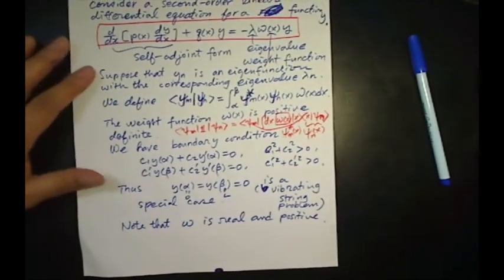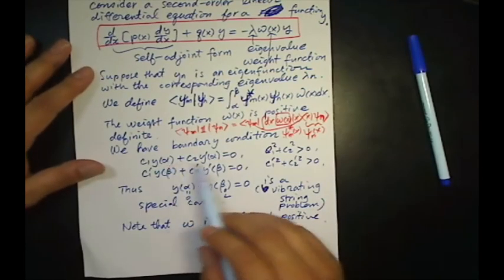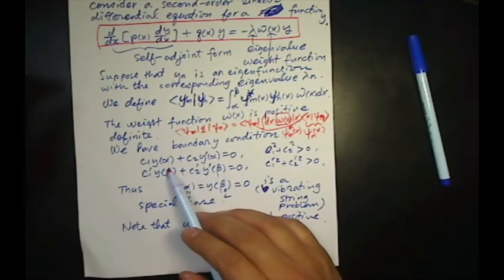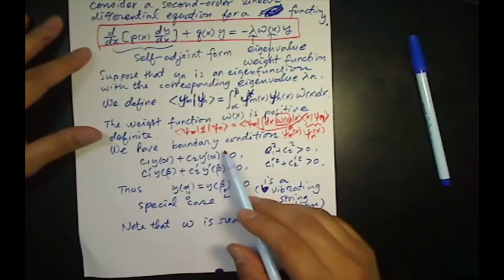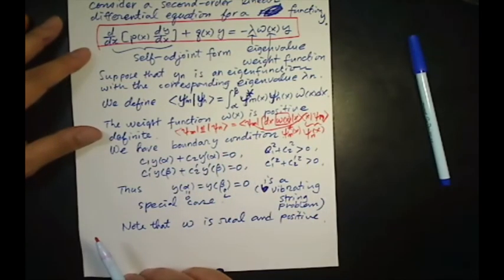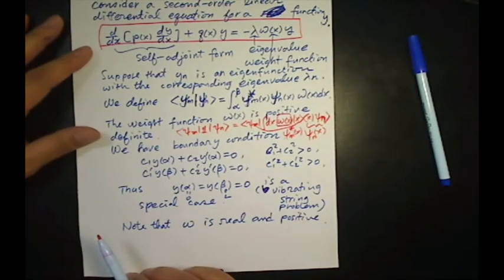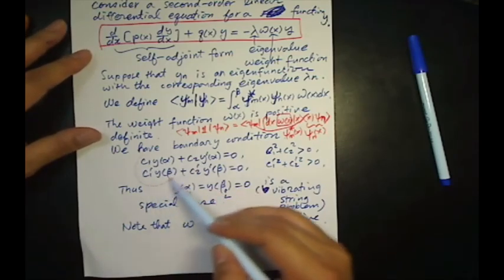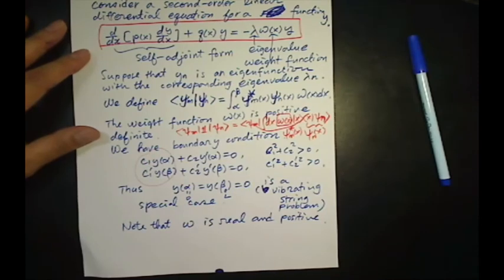We have a special boundary condition. A linear combination of a solution and its derivative at each endpoint vanishes. But we are more interested in the simpler case, especially the vibrating string or the infinite potential wall problem. We have this one exactly 0. Endpoint wave function vanishes.